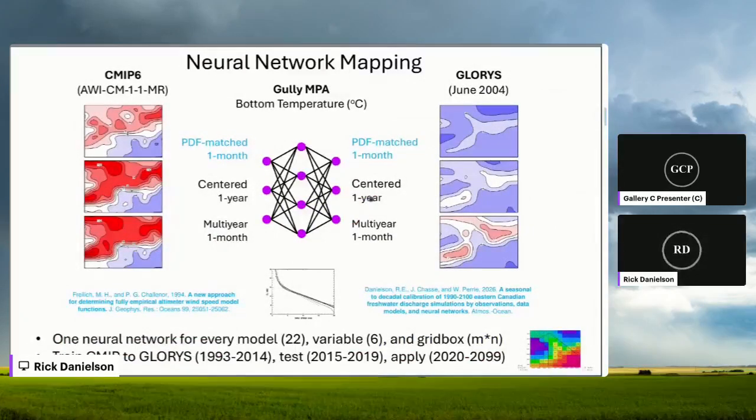The neural network, again, is very simple, and it's applied point-wise. So it's not a convolutional network, it's just a feed-forward network that's applied at each grid point.